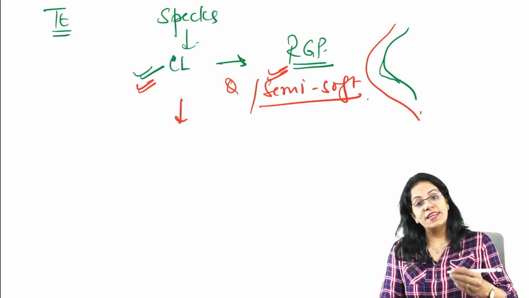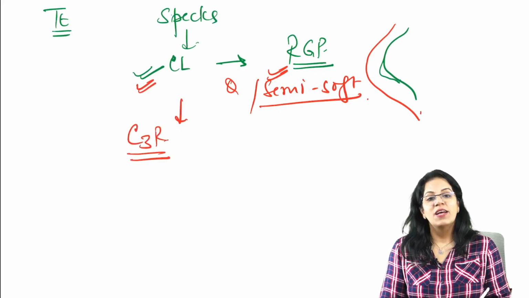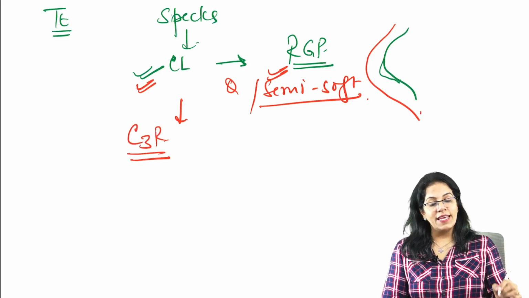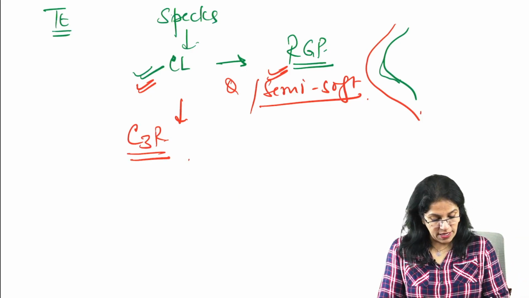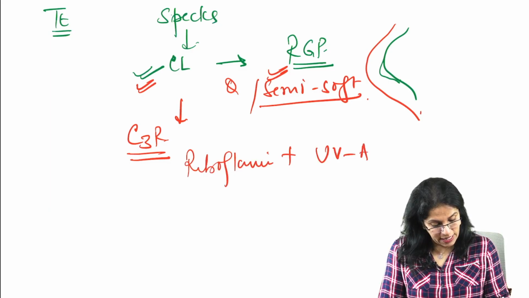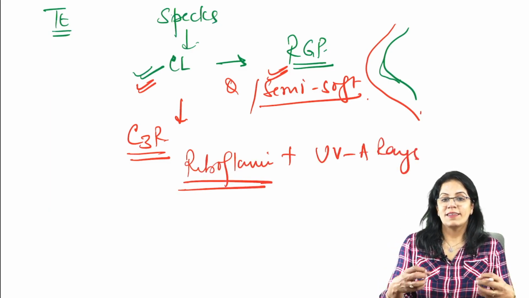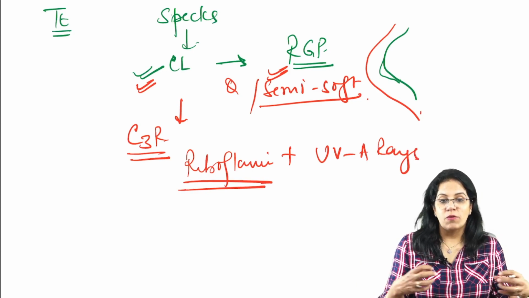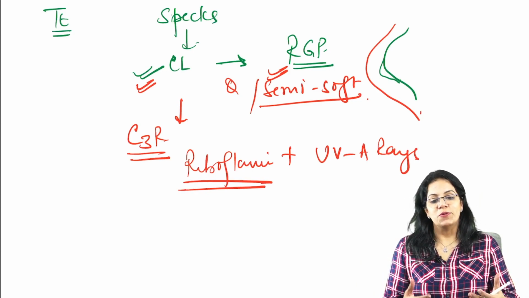And if it is progressive, you can go for C3R treatment. C3R is corneal collagen cross-linking with riboflavin. So you give riboflavin eye drops, and after giving this, we are actually exposing the eye to ultraviolet A rays, right? So the binding is happening. Collagen binding will prevent any progression of the conical protrusion, right?